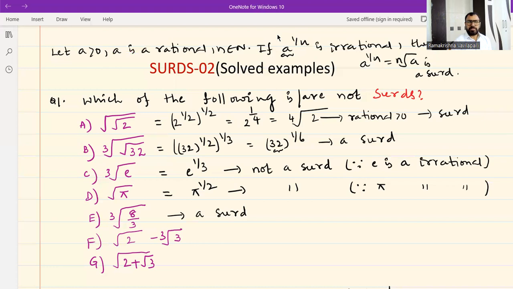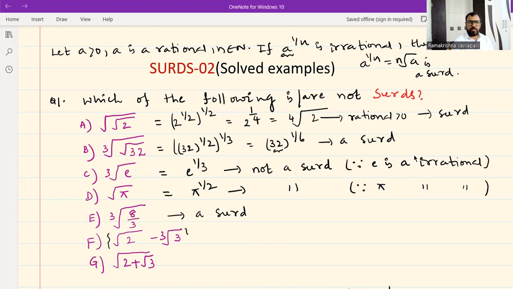Now, square root of 2 minus cube root of 3, right? Here the expression is root 2 minus cube root of 3. So root 2 is a SURD, right?